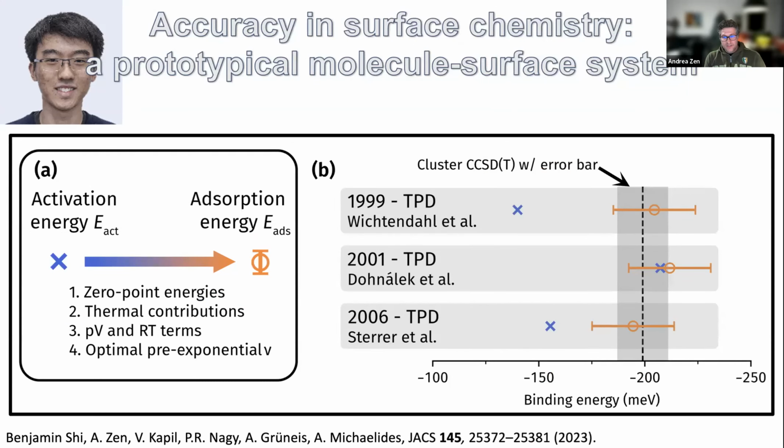Regarding reconsidering the experiments, one has to consider that the value obtained from the experiments is not exactly the adsorption energy, but an energy that has to be corrected for the zero-point energy, thermal contributions, and other terms.